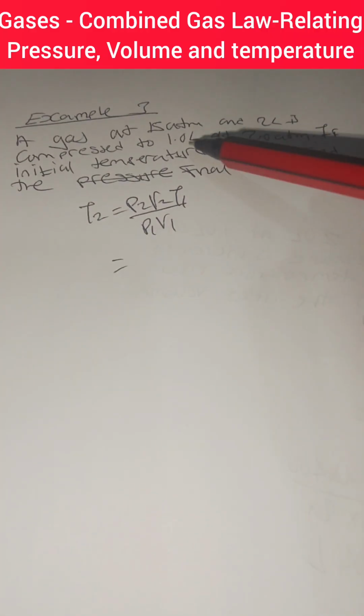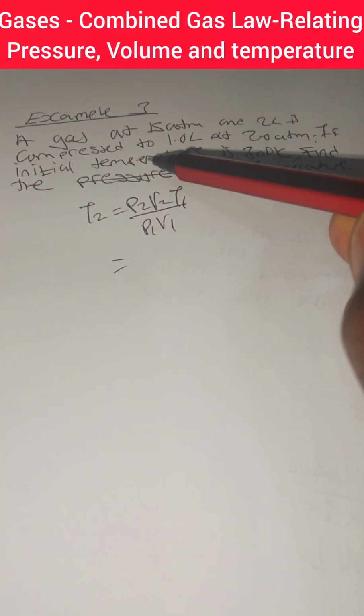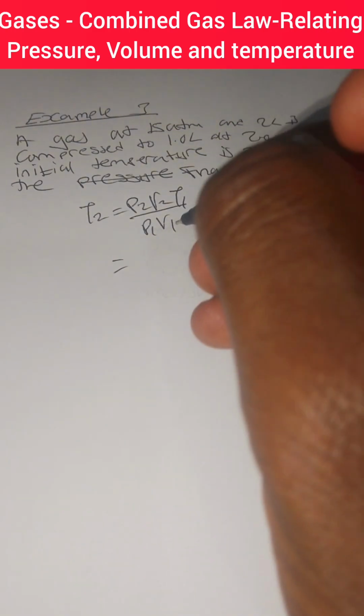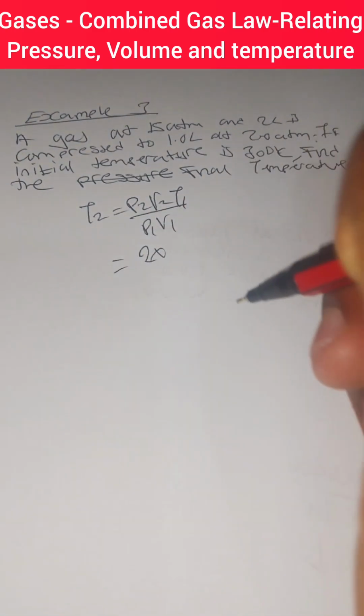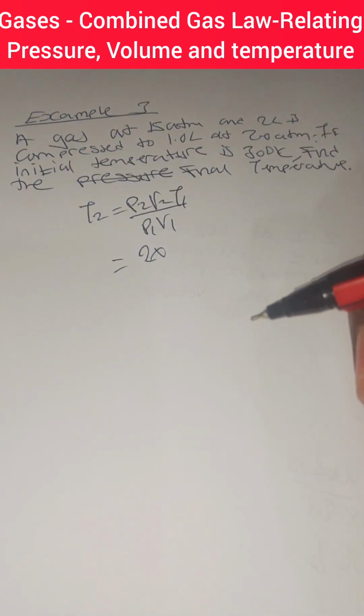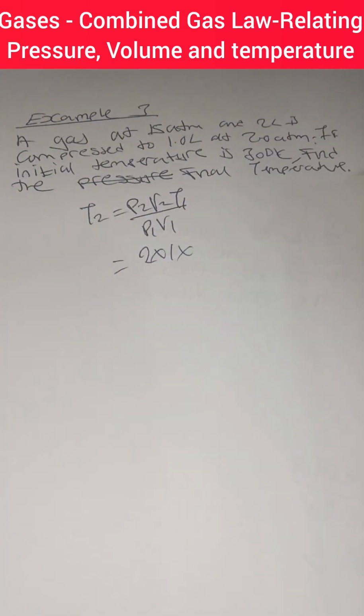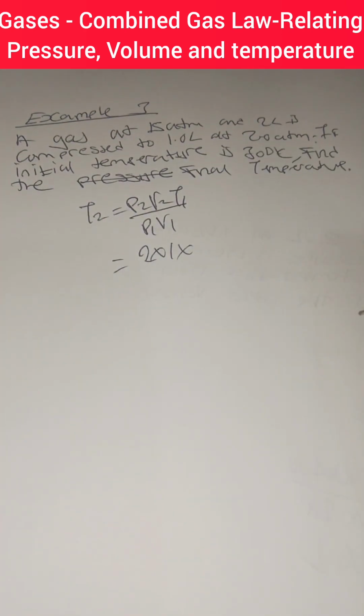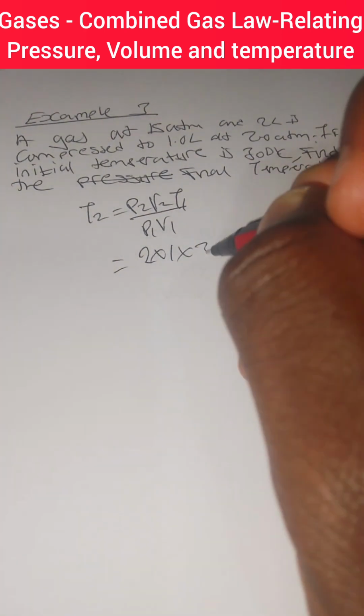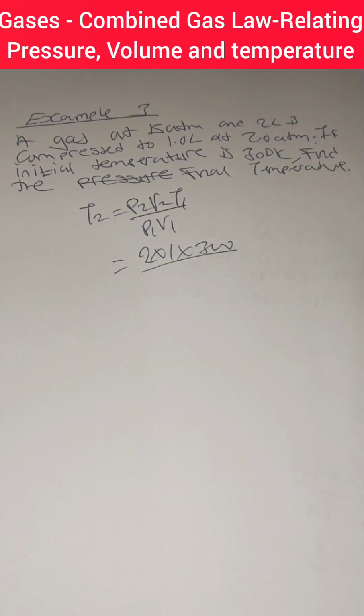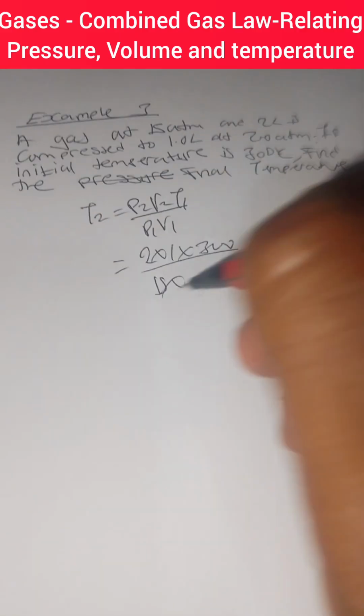What is our pressure 2? We see that it was 15 atm and it has been compressed to 2 atm. So it's 2 times volume 2, which is 1, times temperature 1, which is 300, over pressure 1, which is 15, times volume 1, which is 2 liters.